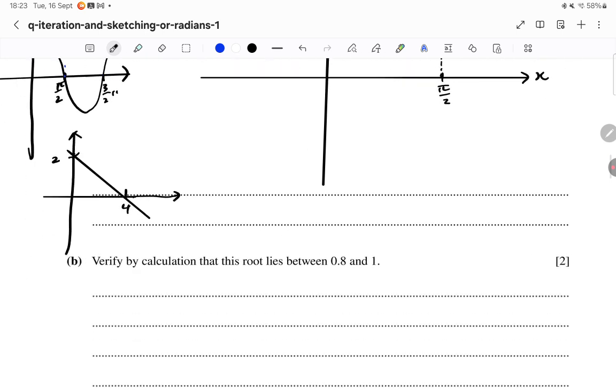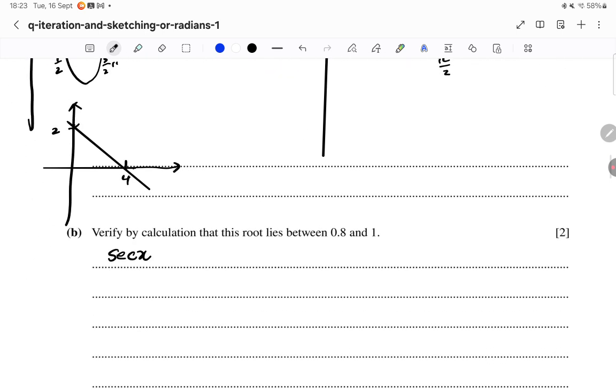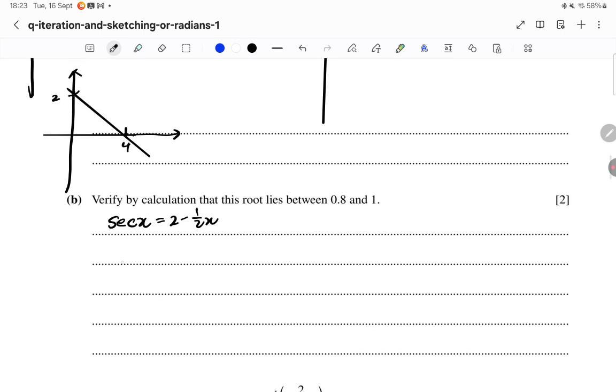So I'm just going to take secant x equals 2 minus 1 over 2x. I'm going to move the right-hand side to the left-hand side. Secant x minus 2 plus 1 over 2x equals 0.